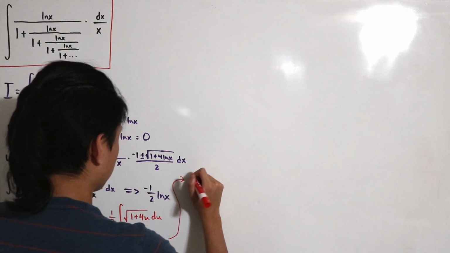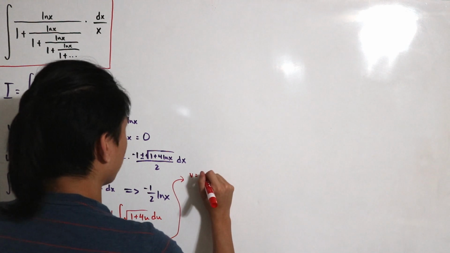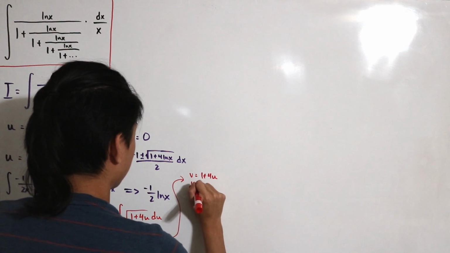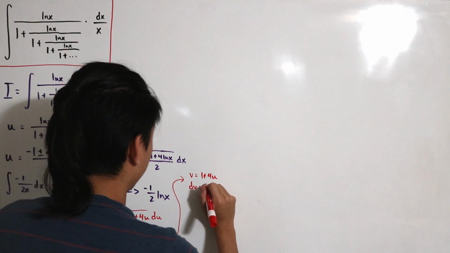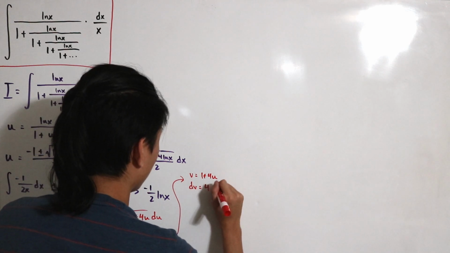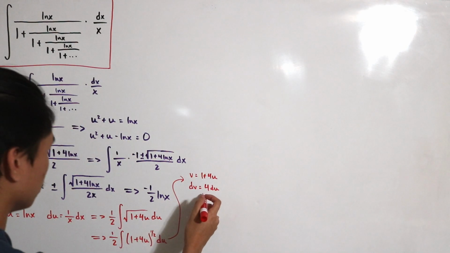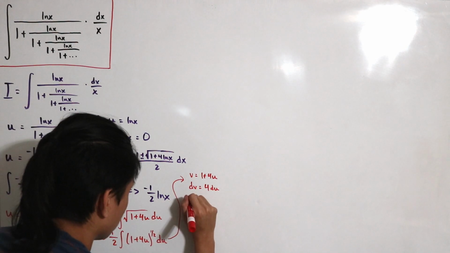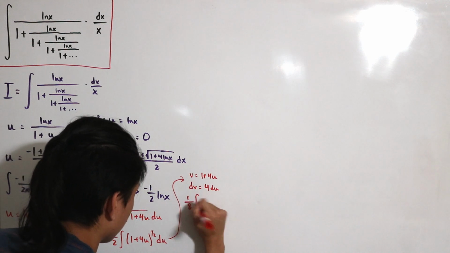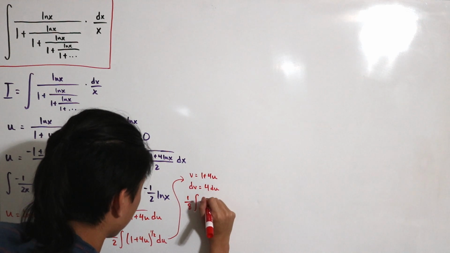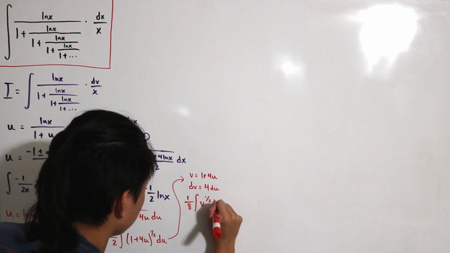So I'll let v equal 1 plus 4u. Then dv is equal to 4 du. Then I can divide both sides by 4, so now that'll just be 1 over 8, and then v to the 1/2 dv.